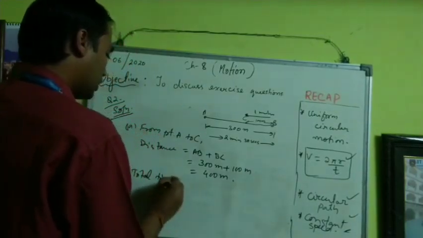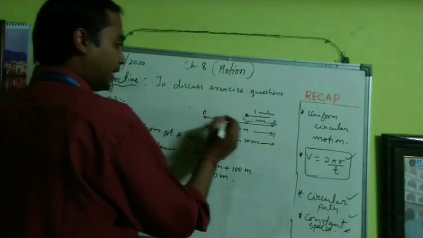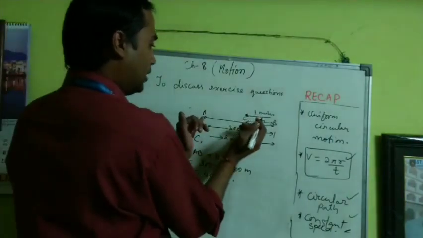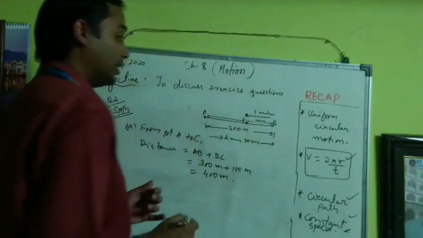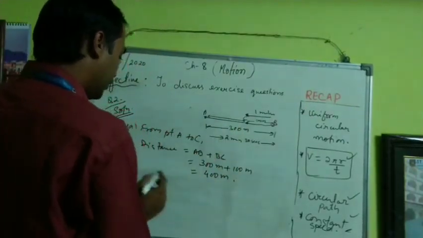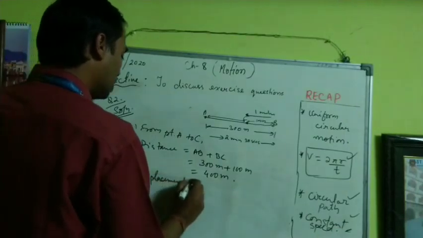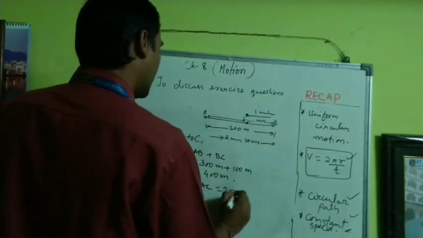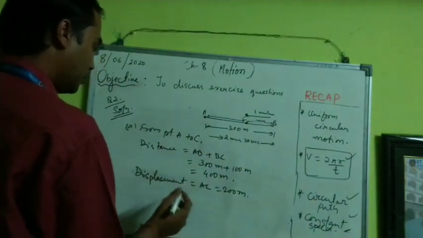Before this let us find out the displacement from point A to C. Only the shortest distance from the initial point to the final point matters, and the final point is C. So the displacement will be AC, which is 200 meters.